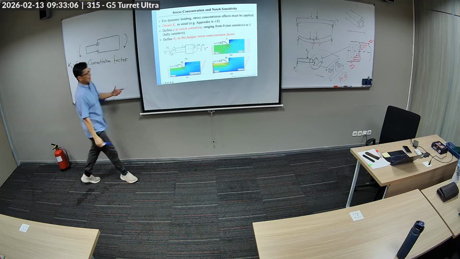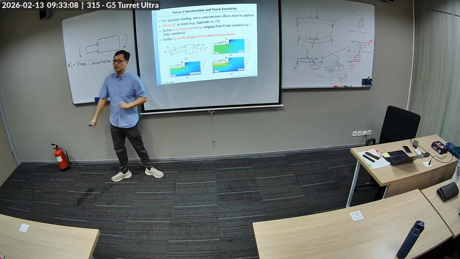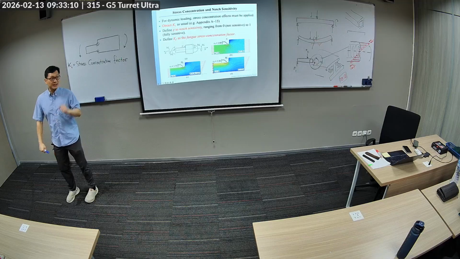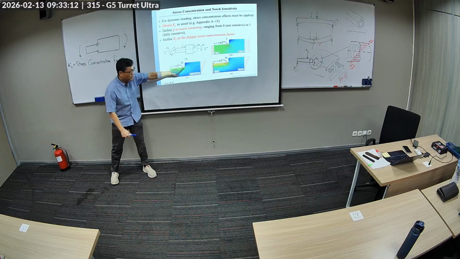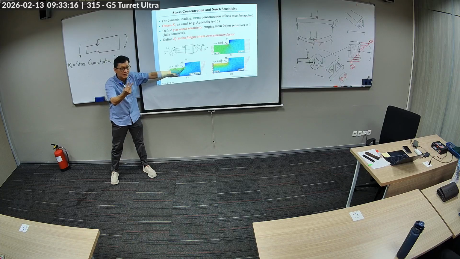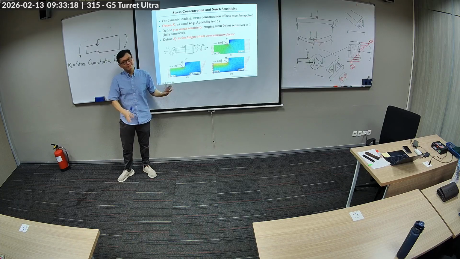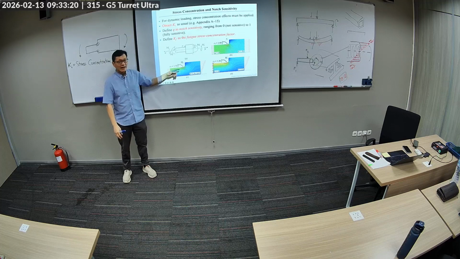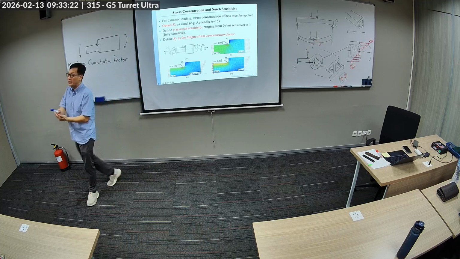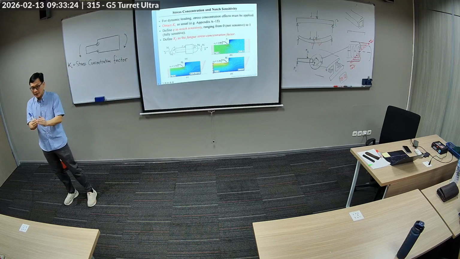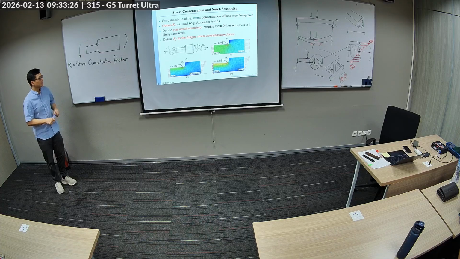It basically says if the stress concentration factor is 2, the maximum stress at this point is 2 times the stress around it. Simple as that. Okay, this is 2 times what it would be if there is no effect from this radius.